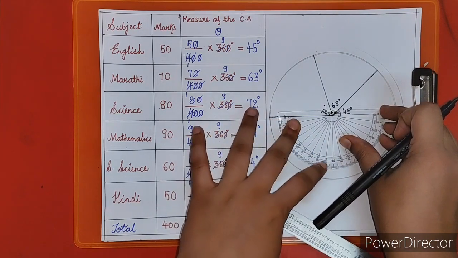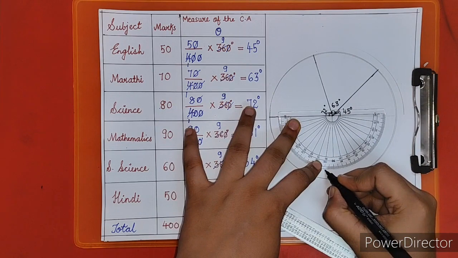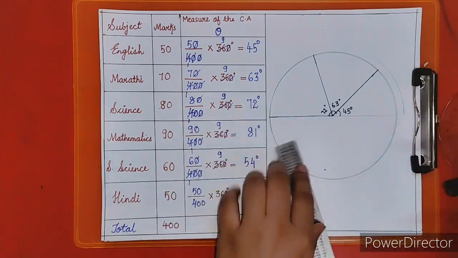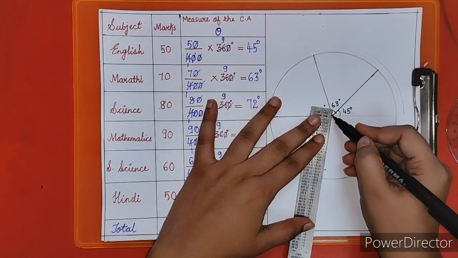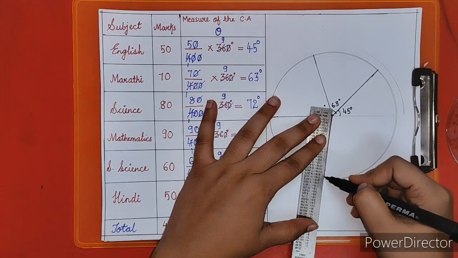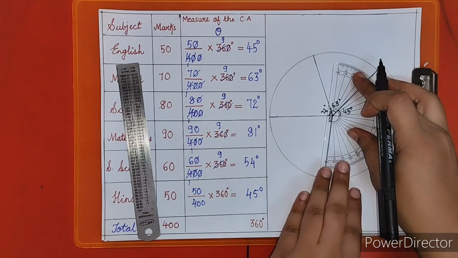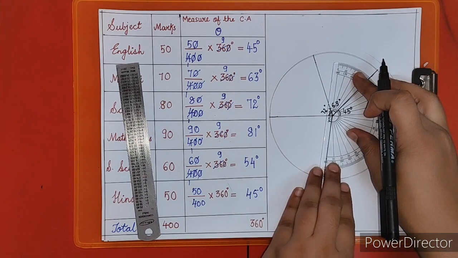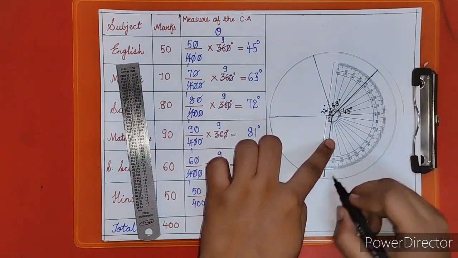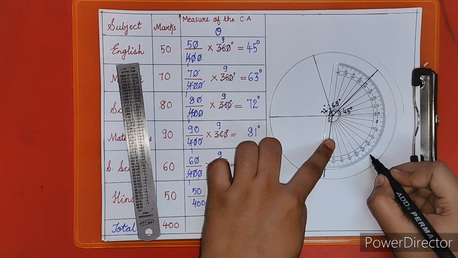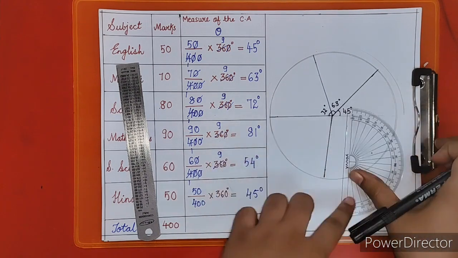Again placing it on the new radius, 81 degree. So this is 80, 81. Second last, which means the next angle, is 54 degree. So 51, 52, 53 and 54.